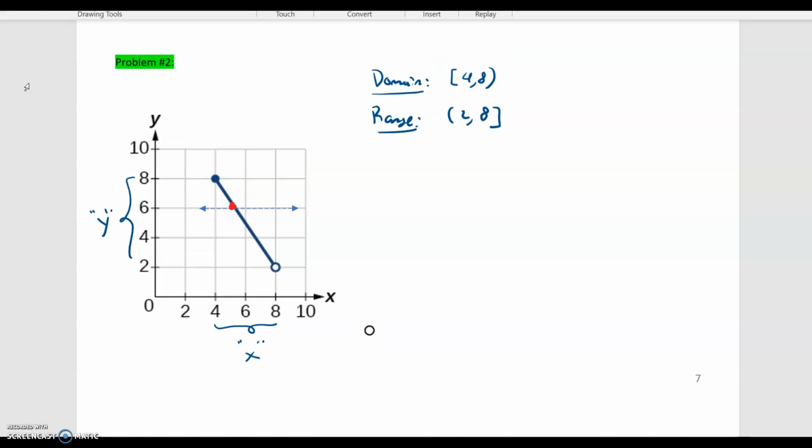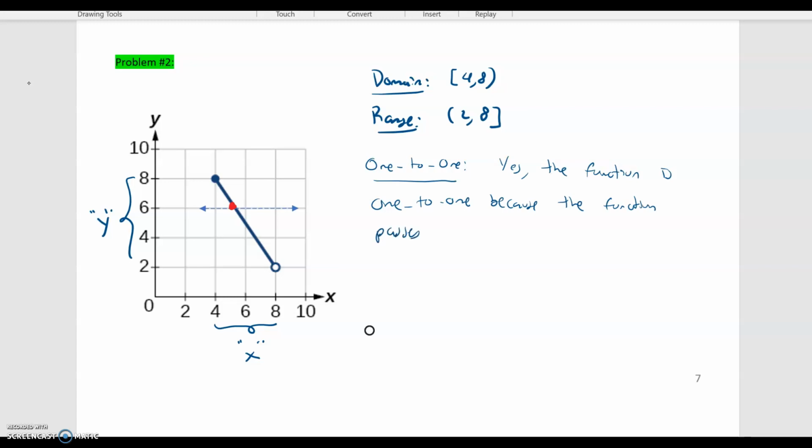And then we'll simply say for the one-to-one portion, yes, the function is one-to-one, because the function passes the horizontal line test. And that's actually it for this one.